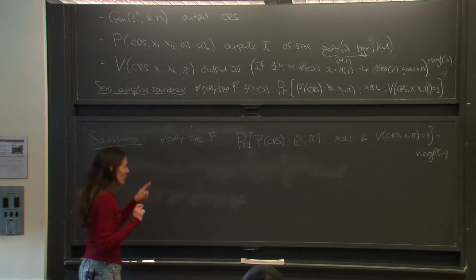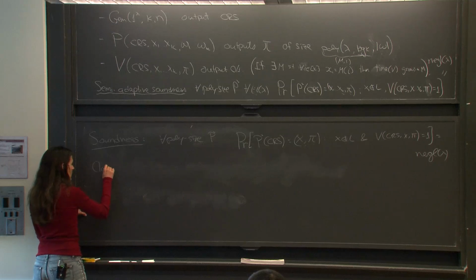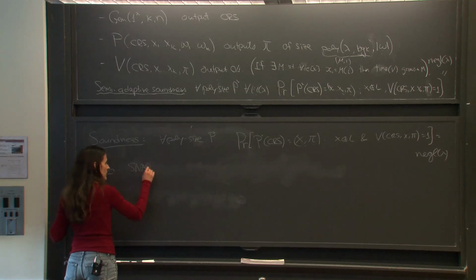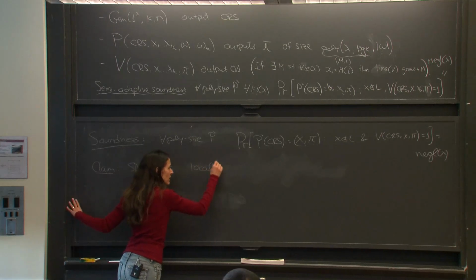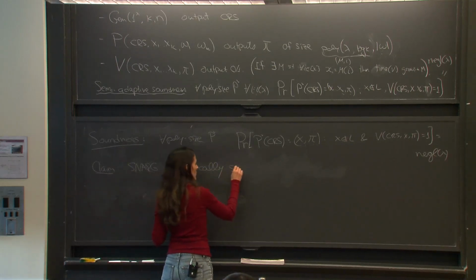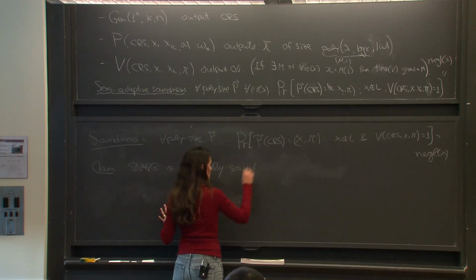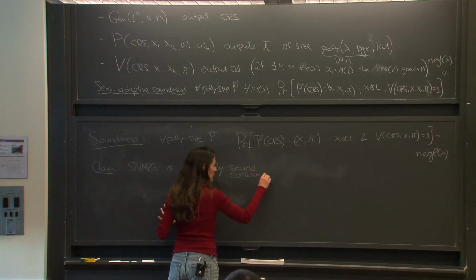So the claim: the SNARG that I just constructed is, let me call it, locally sound or locally consistent. People also call it locally consistent. And I'll explain what it is.